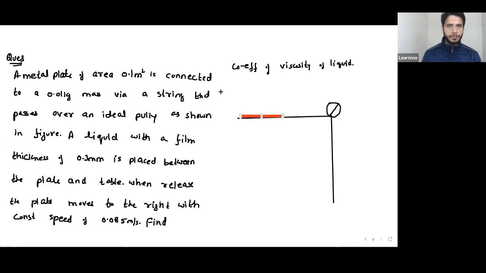Over the liquid film, a box is placed. This is the plate, basically. It is connected to the pulley, and the pulley is connected to this body. It is 0.01 kg. This is the liquid film.